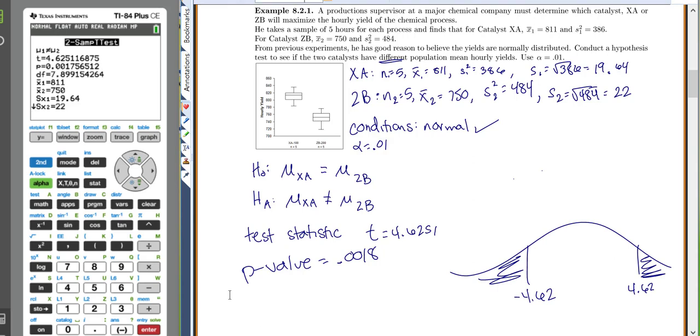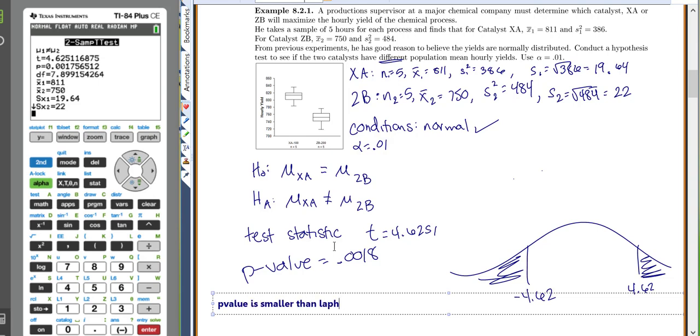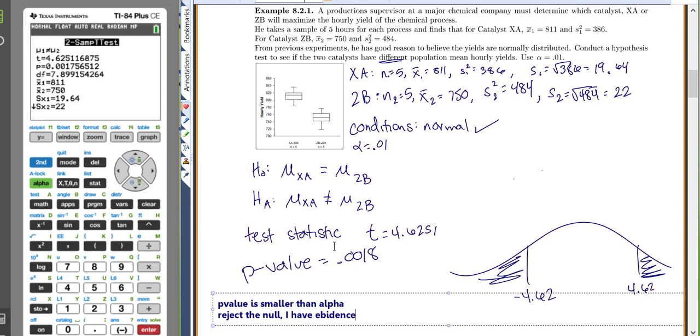So p-value is smaller than alpha. So I will reject the null. I have evidence for the alternative. Okay.